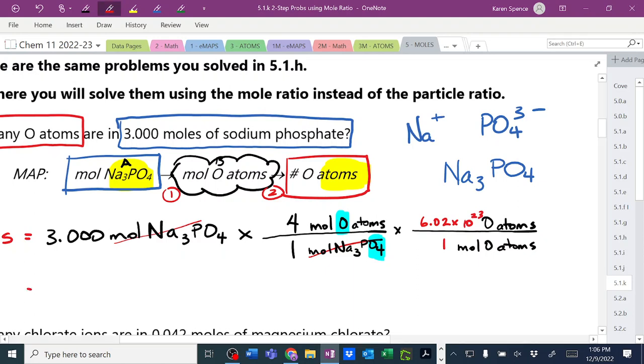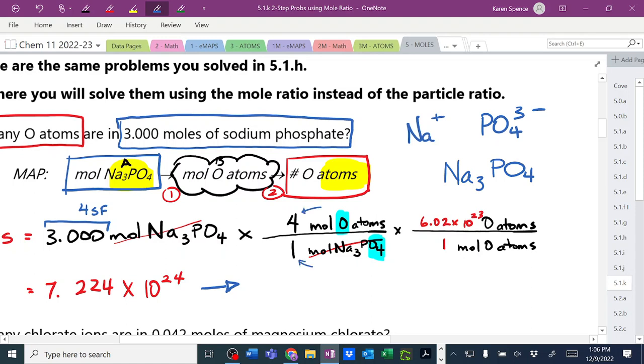And we get 7.224 times 10 to the 24. Sig figs. We have 4 sig figs here. And we have how many sig figs in the 4 to 1?